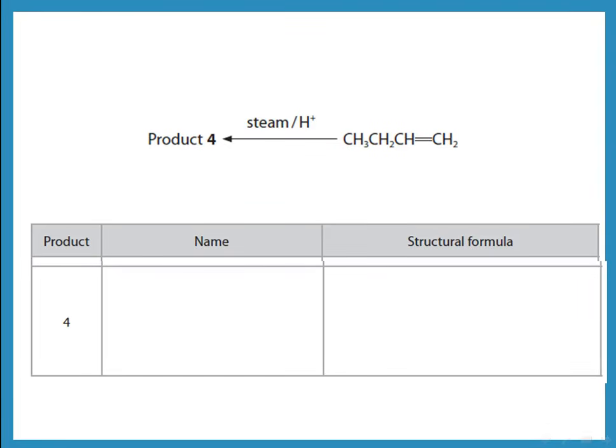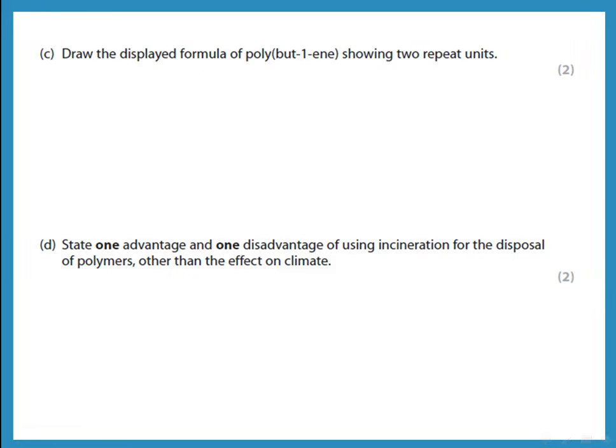If I have the alkene and I add steam in presence of H+, the steam means I'm going to open up the double bond and put an H and an OH. Remember that this is added according to Markovnikov's rule. So the major product you would have is the one in which the OH is a secondary alcohol. So the OH is inside. So this is butan-2-ol.